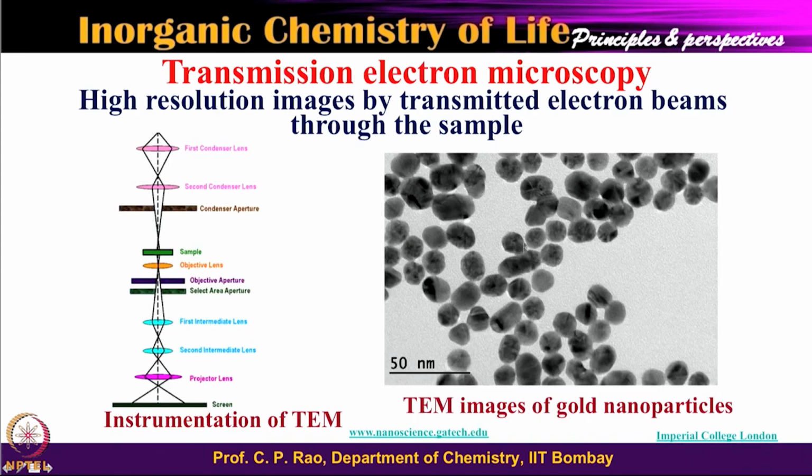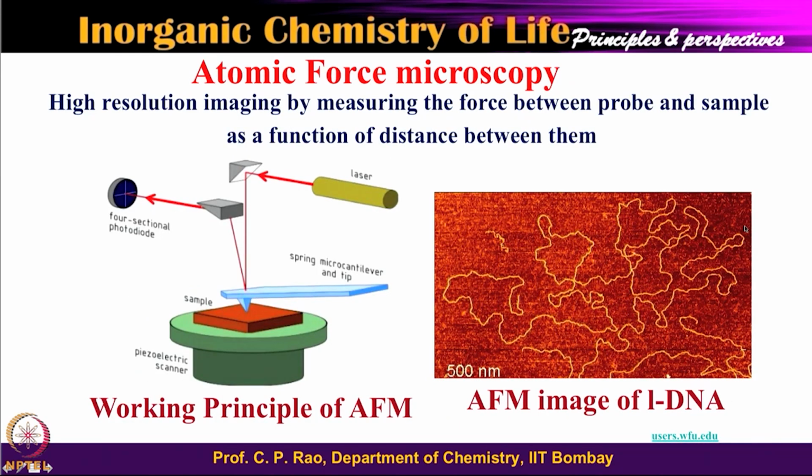And you can also look at the beam here, an example is shown for the TEM, the gold nanoparticle, and in fact you can coat a protein too nicely. And you can even see by atomic force microscopy, these are nothing but the DNA, and the DNA imaging is coming with the atomic force microscopy.